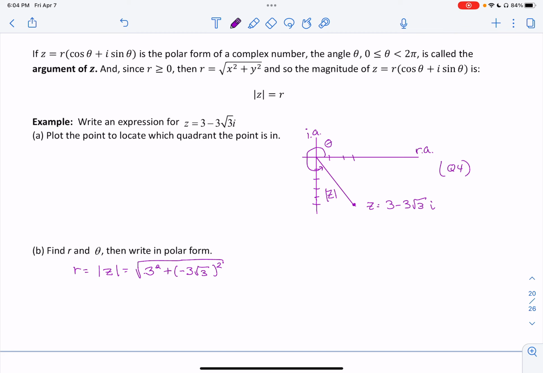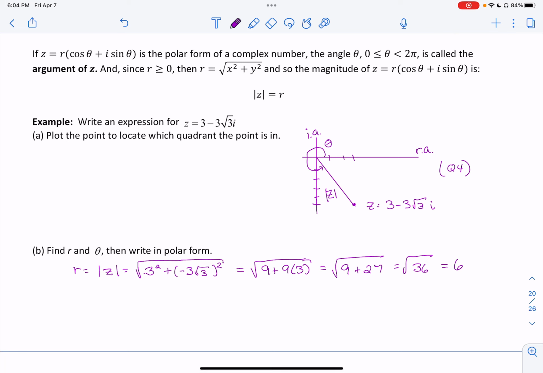It's the same end result as x squared plus y squared. So I'm going to come out of this with 9 plus 9 times 3. So I'm going to have the square root of 9 plus 27. I'm going to have the square root of 36, which is going to be equal to 6.